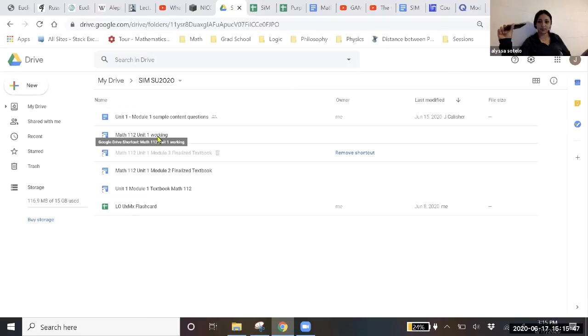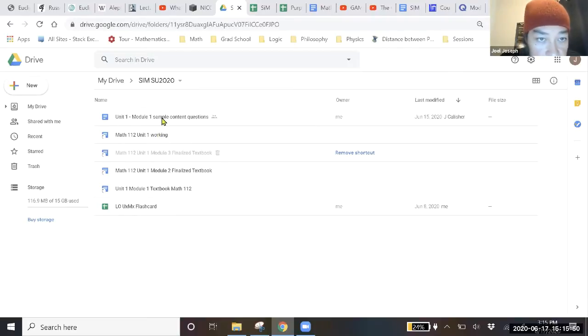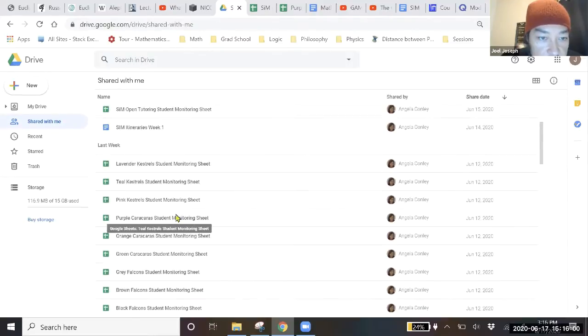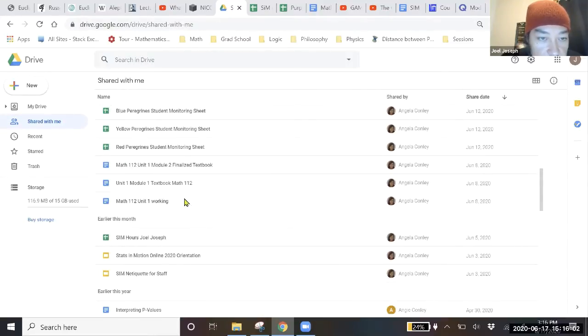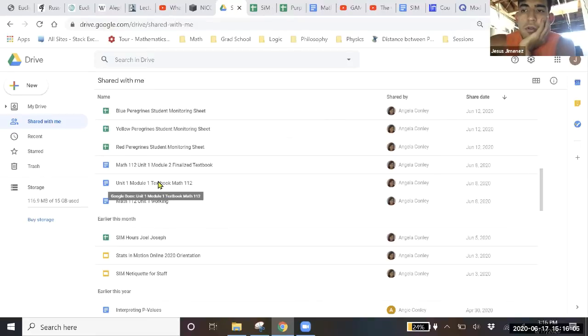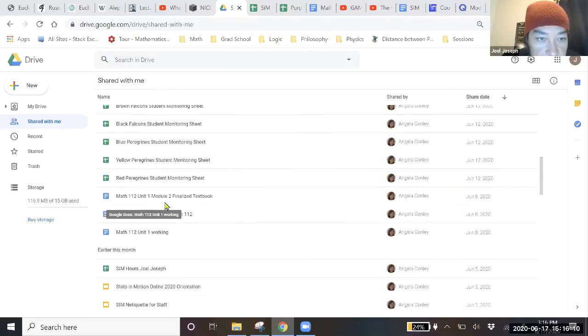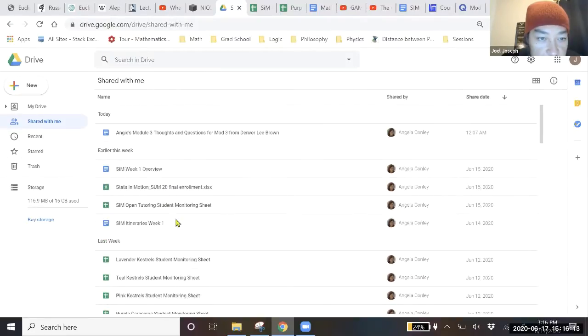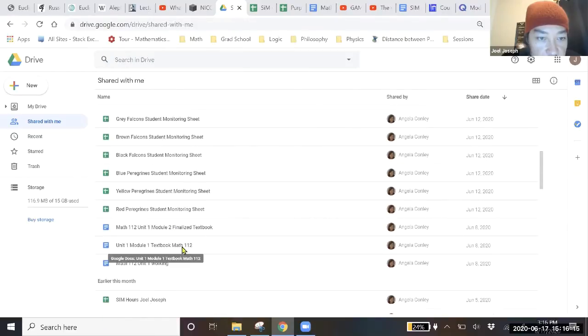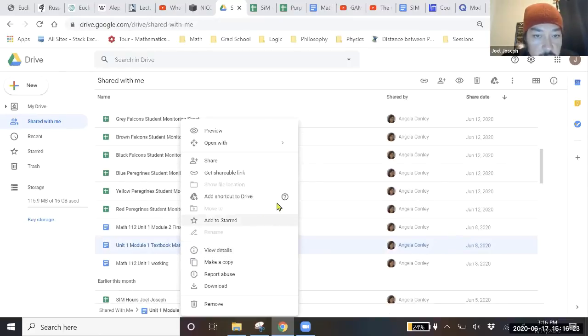Yeah, go ahead. Oh, that's weird. They removed it? All I'm trying to say is that when they're sharing files with us, there was the textbook, Unit 1, Module 1. Yeah, there we go. This is the one. I'm surprised I don't have it in my shortcut.